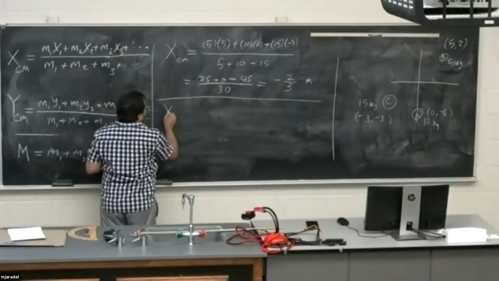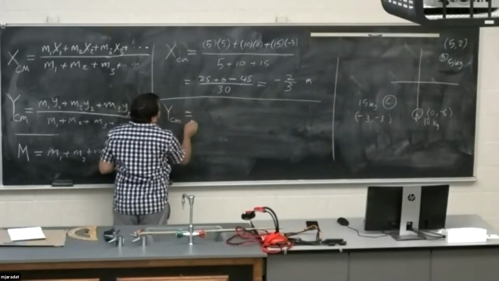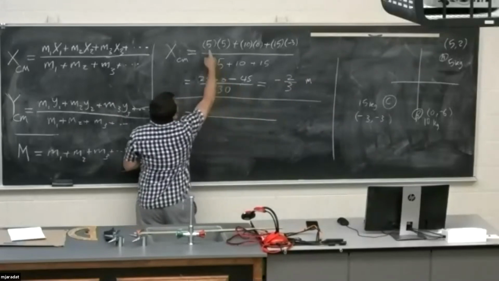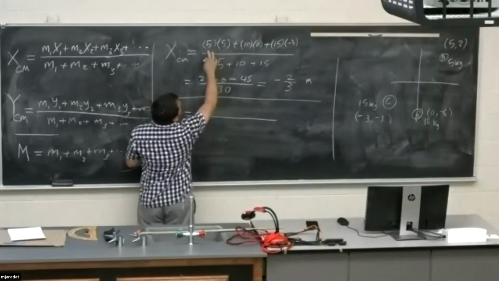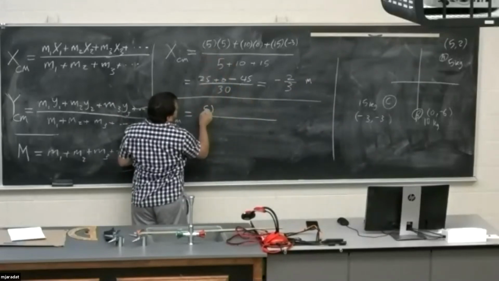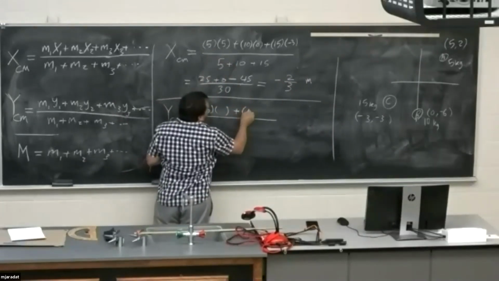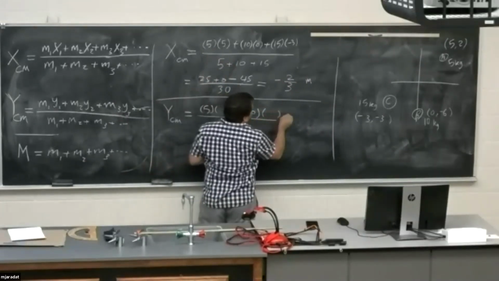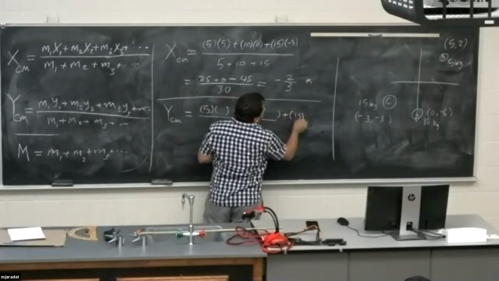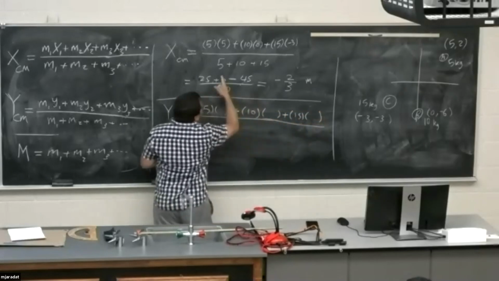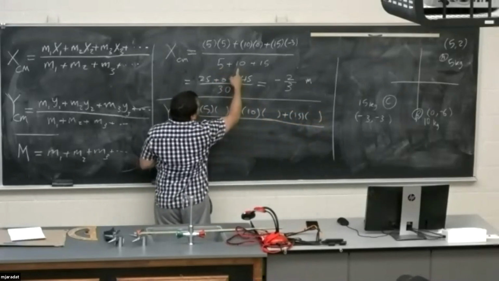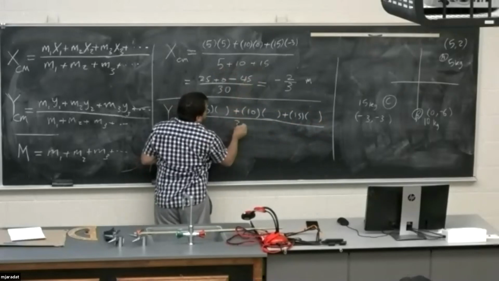What about Y center of mass? Okay. Again, I will move everything. 5 plus 10 plus 15, over 5 plus 10 plus 15, which is 30.